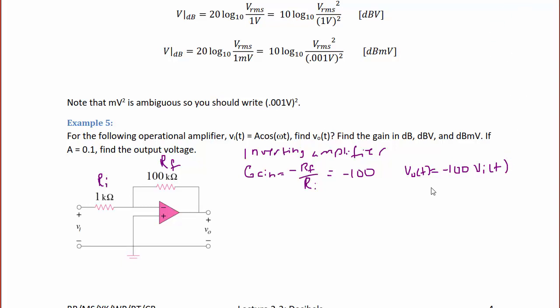We can also write V naught of t as negative 100 times A times cosine of omega t. So we can write the input in RMS values, VI RMS, as A over the square root of 2, and the output in RMS values as 100A over the square root of 2.